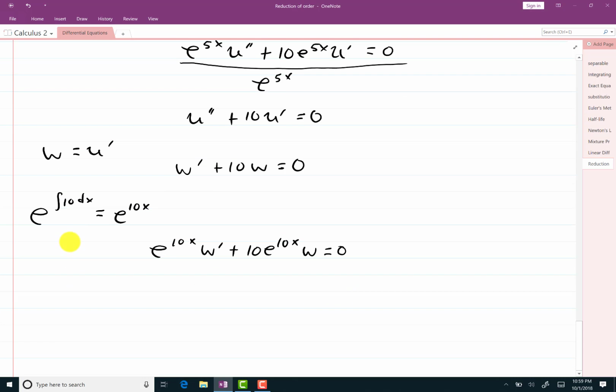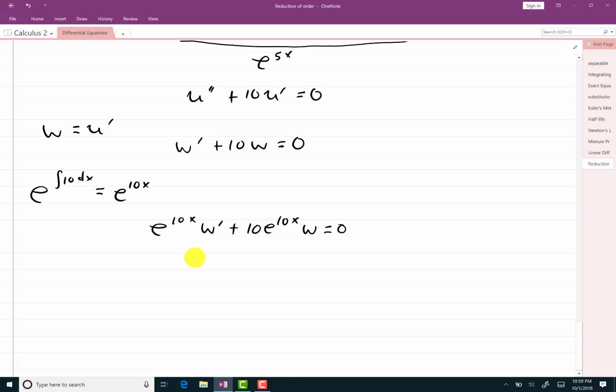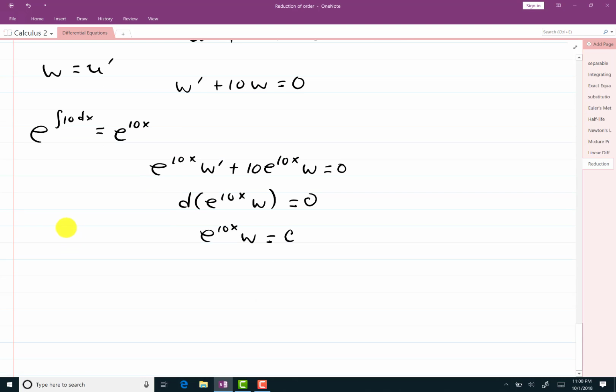It's pretty clear that the left-hand side is the derivative of e to the 10x w. And so we know that e to the 10x w equals a constant, or if I want, w equals a constant times e to the negative 10x.